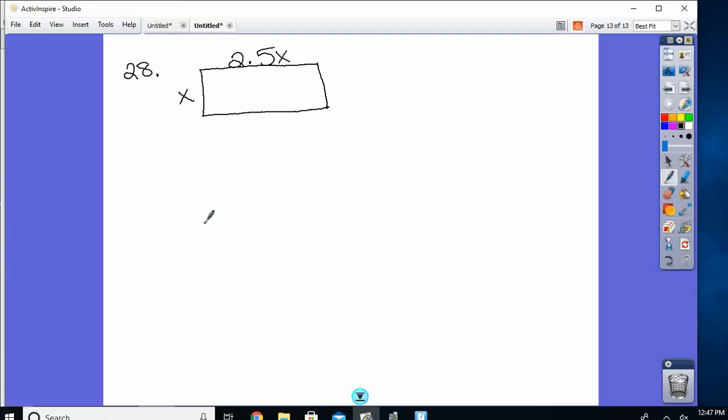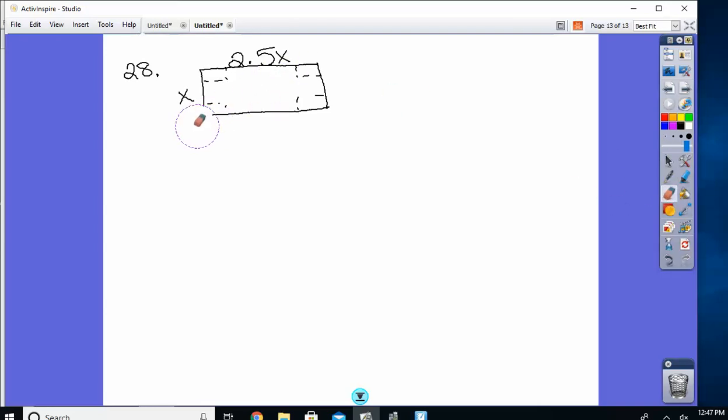Alright, so then we are going to form a box by cutting squares out of the corners. Let's think about what this means. It tells us the squares are 3 inches long.